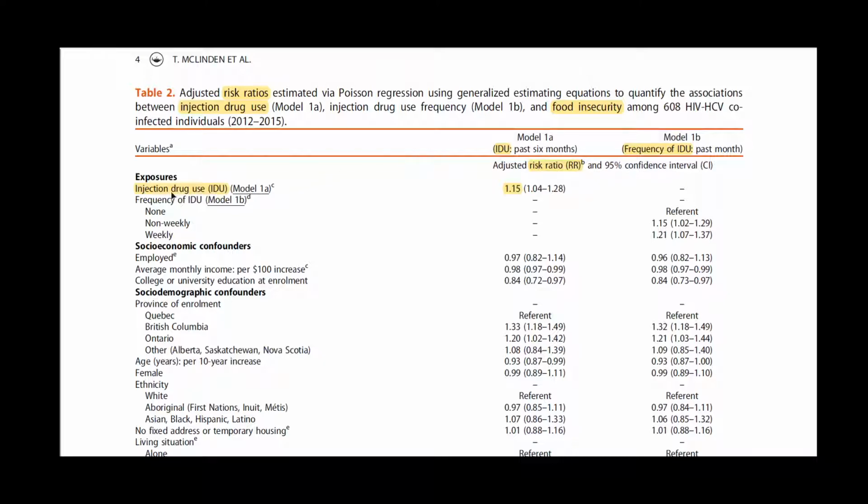The takeaway is that the exposure's coefficient, or the measure of effect in the model for injection drug use on the outcome of food insecurity, is 1.15, which is greater than 1, indicating that engaging in injection drug use is associated with a higher likelihood of experiencing subsequent food insecurity.